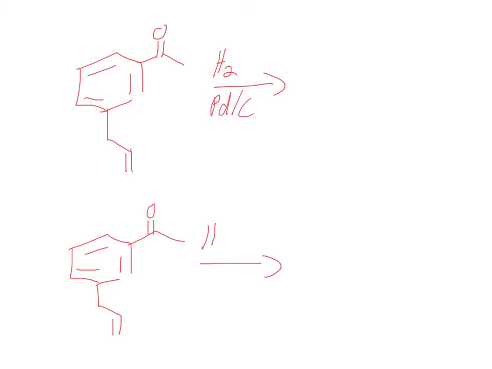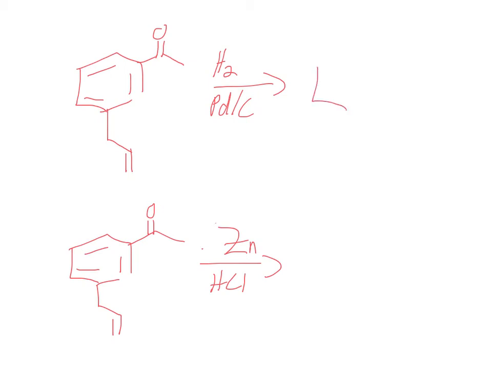Actually, you know what? Take that back. I'll use the zinc HCl. So let me see if you can tell me what the 2 products will be. All right, I will draw the products now, and we'll see if you can tell me what happened.